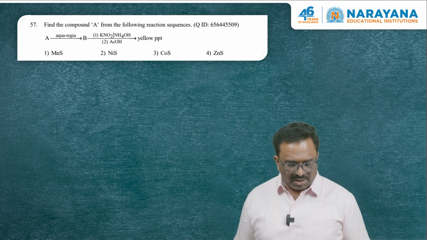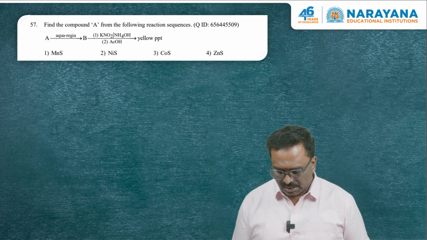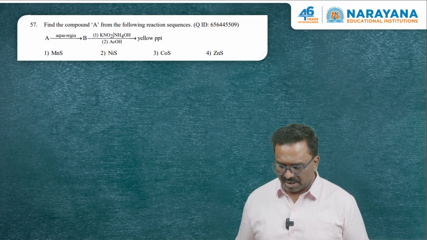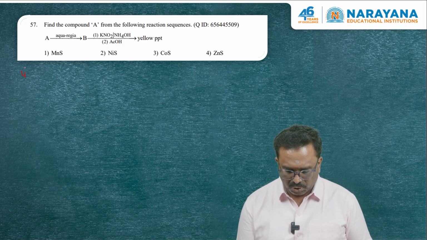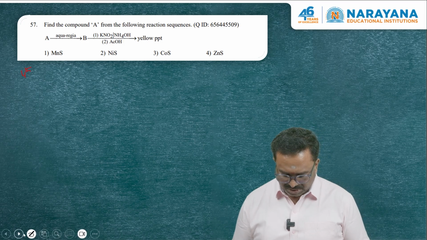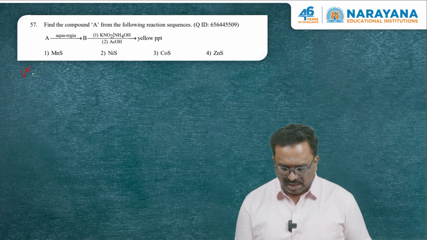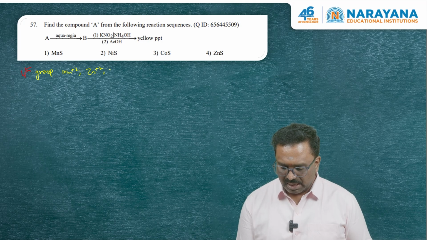Actually, what was given here is that aqua regia is commonly used for the 4th group in general separation, that is in qualitative analysis. We have in the fourth group Mn2+, Zn2+, Ni2+ and Co2+.